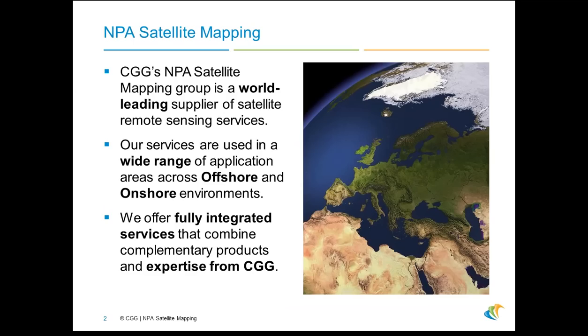NPA provides services across a wide range of application areas, both onshore and offshore, and across a number of market sectors, predominantly exploration, but also including environment, engineering, and defense. Now part of CGG, which is a world-leading geoscience company, NPA can provide fully integrated geoscience services, providing complementary solutions to meet specific project needs.